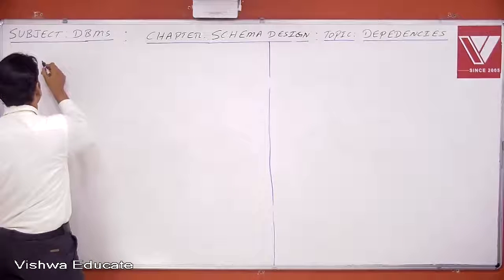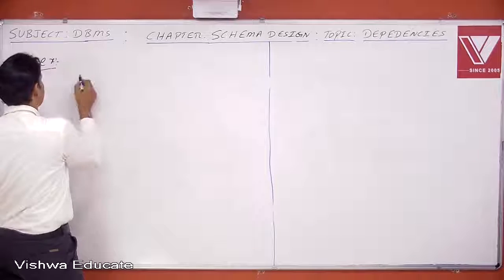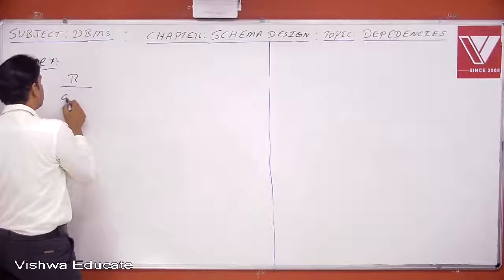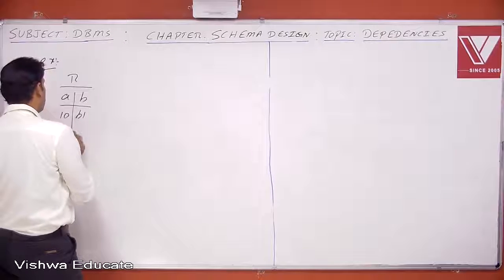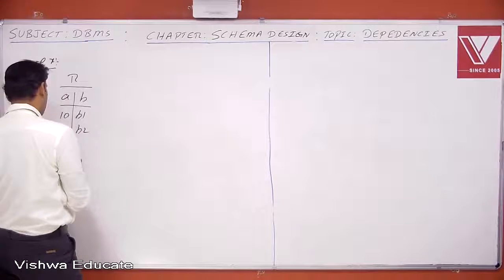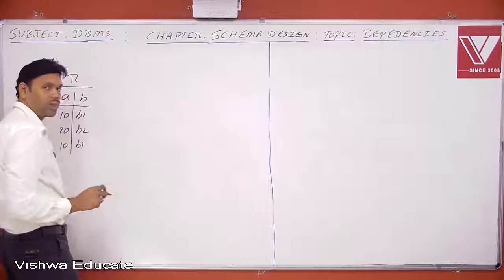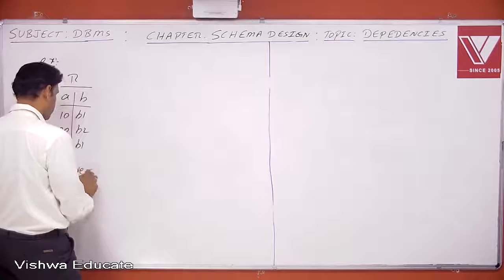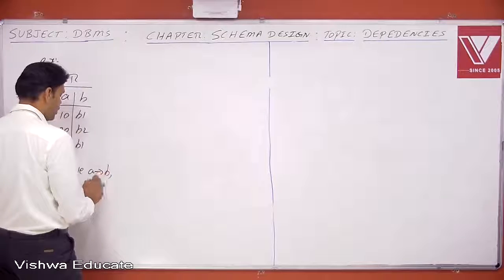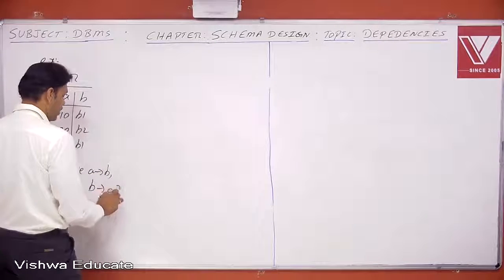For example, R with A and B: 10 B1, 20 B2, and 10 B1. It asks to prove A to B and B to A.